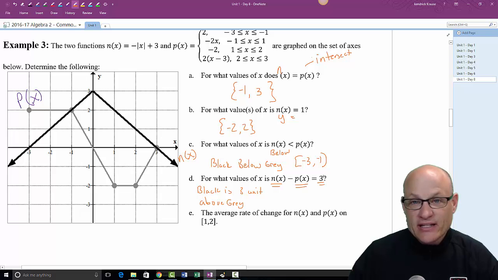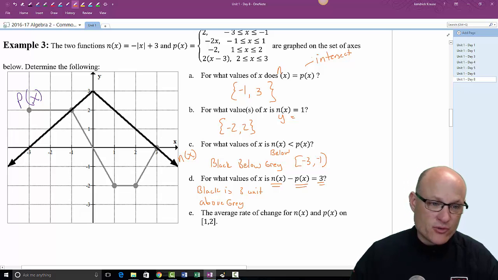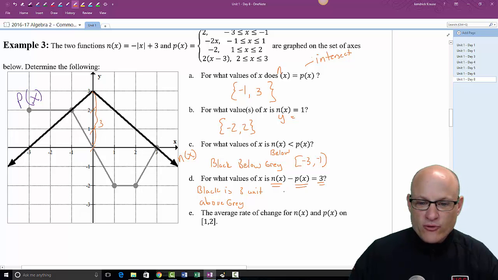Again, if this was negative, we'd want below, but it's positive, so we want above. So let's see. They're equal here. Black is above 1, 2, 3, right here. 3 units. So I know for certain at 0. There might be another one. 1, 2, 3, 4. Nope. 1, 2, 3. Oh yeah, here look. 3 units above. So there actually are 2 answers: 0 and 2.